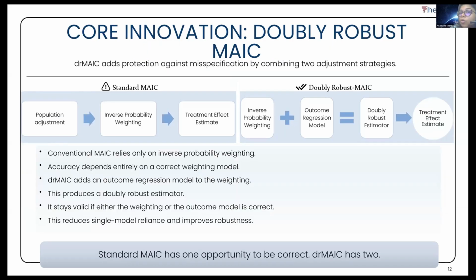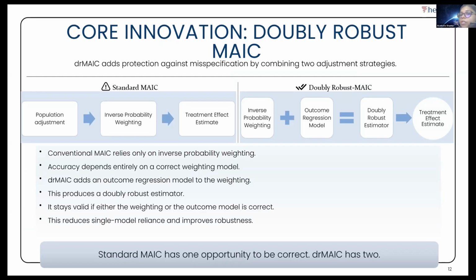This is the core methodological contribution. So I will spend a little more time here. Conventional MAIC relies exclusively on inverse probability weighting, which means estimation accuracy depends entirely on that weighting model being correctly specified. You essentially get one chance to get it right. drMAIC adds an outcome regression model alongside the weighting model.